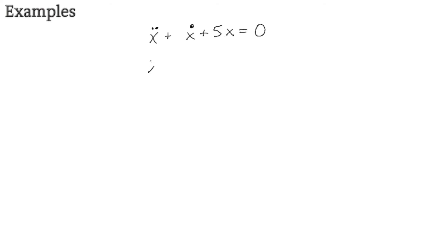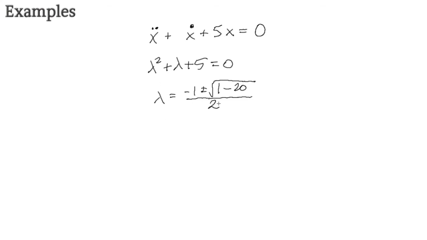Auxiliary equation, lambda squared plus lambda plus 5 equals 0. Everything is positive, so we know that it's highly unlikely that it's gonna be real. So let's do the quadratic formula, such that lambda is equal to minus b plus or minus the square root of b squared, which is 1, minus 4ac, which is 20, all over 2a.